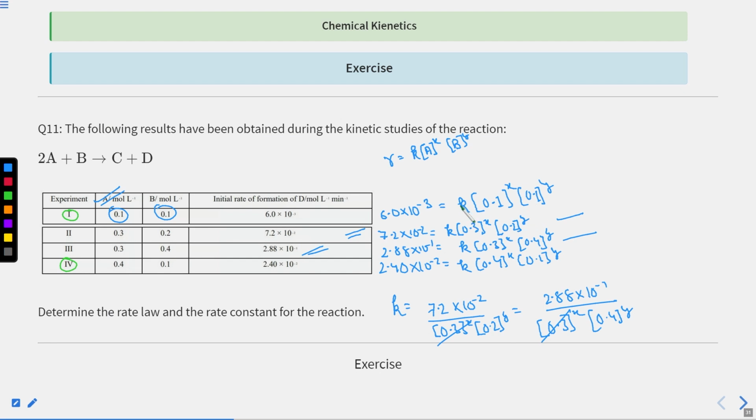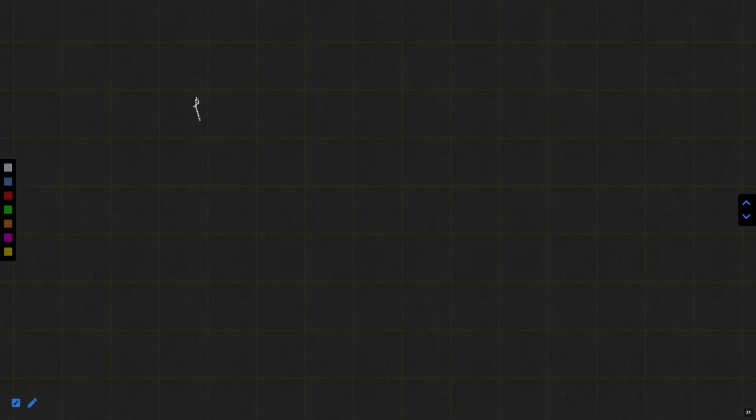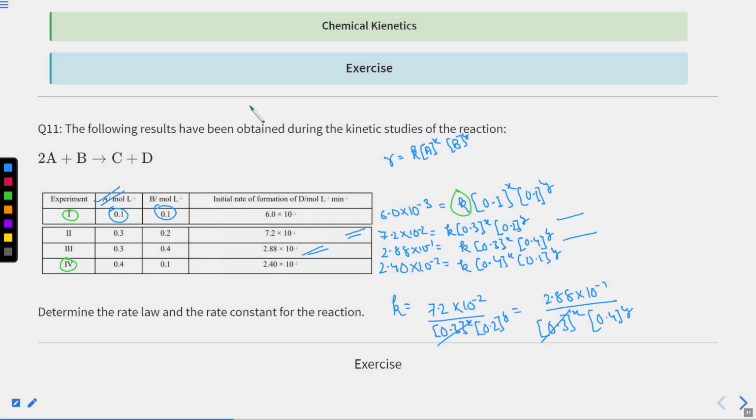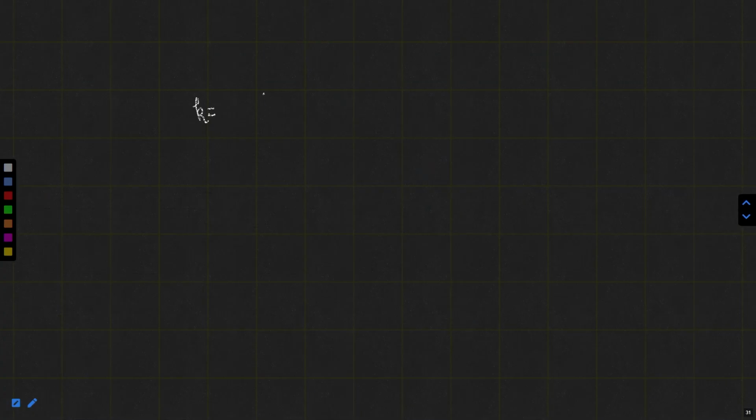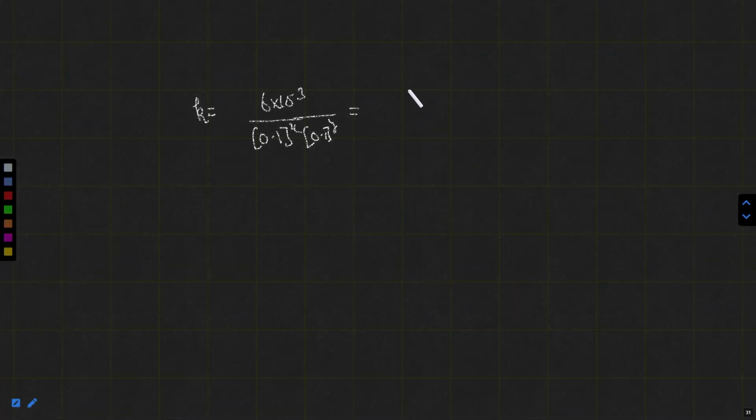If I write the value of k for 1, then k is equal to 6 × 10^-3 divided by (0.1)^x (0.1)^y. This will be equal to 2.40 × 10^-2 divided by (0.4)^x (0.1)^y.